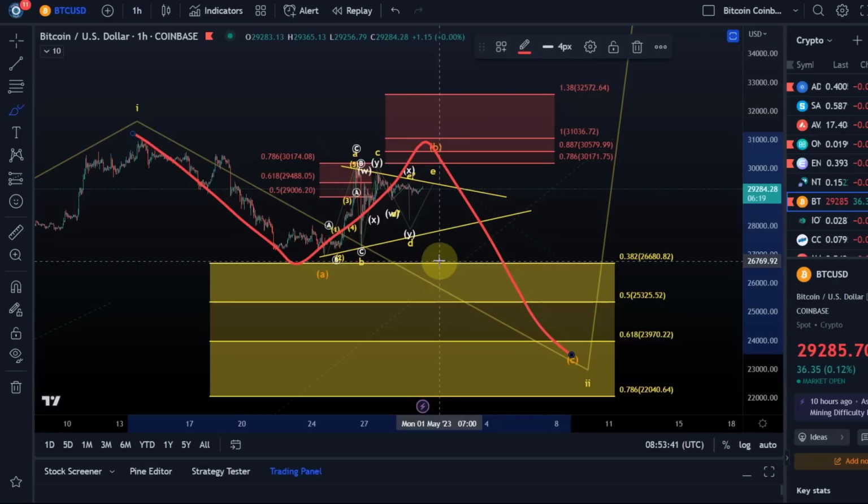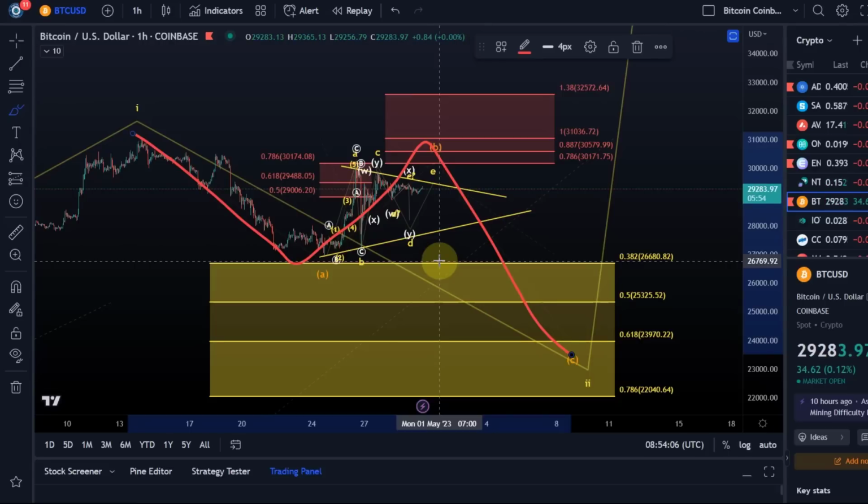One of them is it should be a 3-wave structure unless it's a triangle, and the other rule is you can do what you want. Just joking, but no, of course, there are resistance levels for a B wave, but they are very vague, more vague than for any other pattern or wave. That's why many people stay away from B waves.